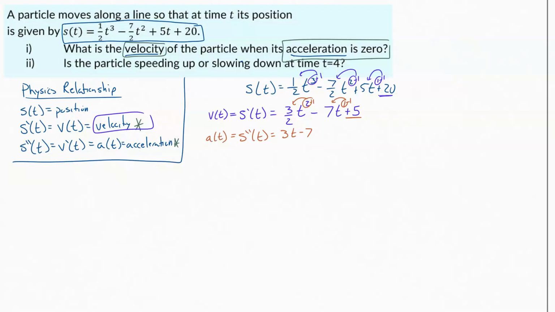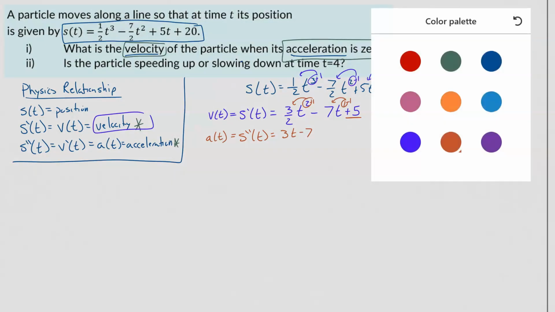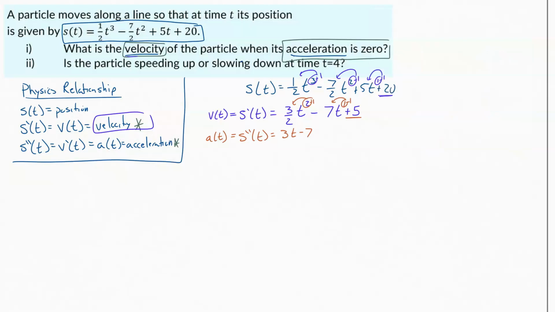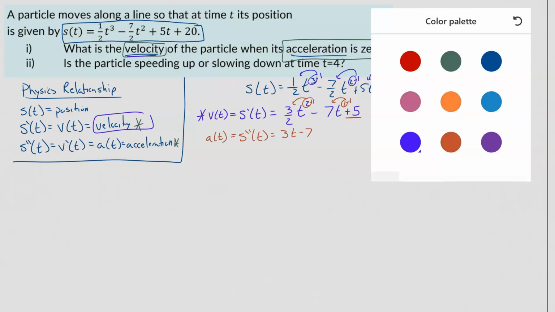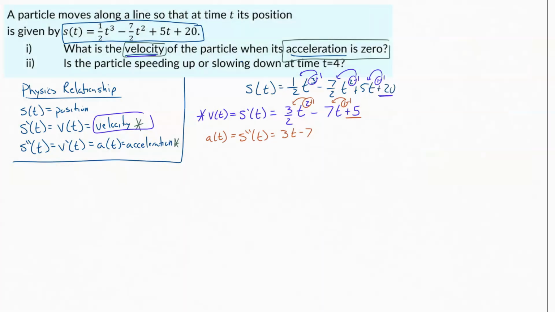Looking back at what they're asking us for, they want to know the velocity. So they're looking for this bit of information when the acceleration is 0. So when this equation is equal to 0. So that tells us we have to find that time. So you'll take your acceleration equation, 3t minus 7, and you want to know when does that equal 0.